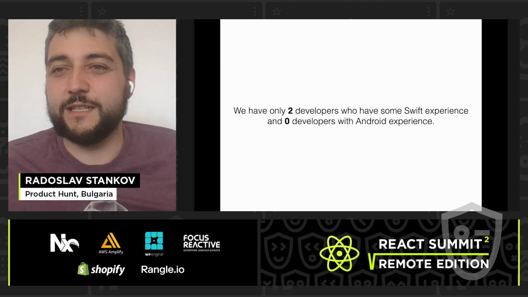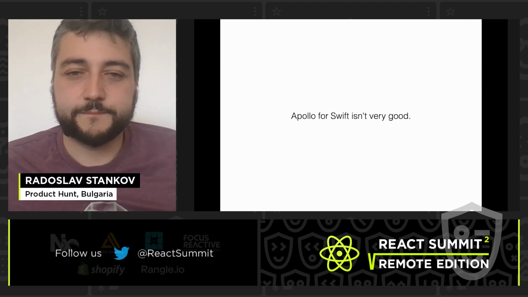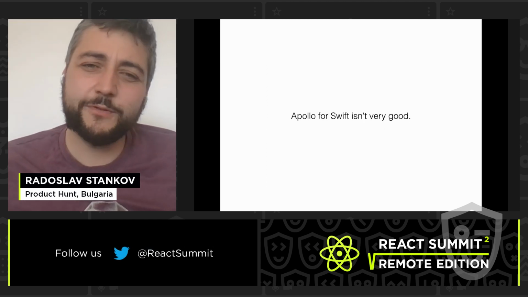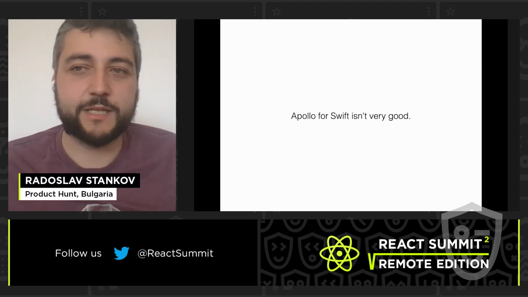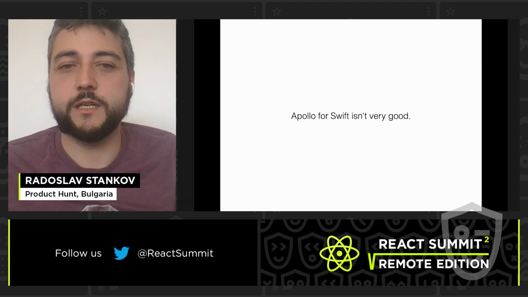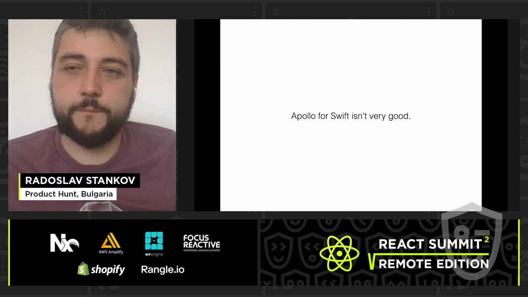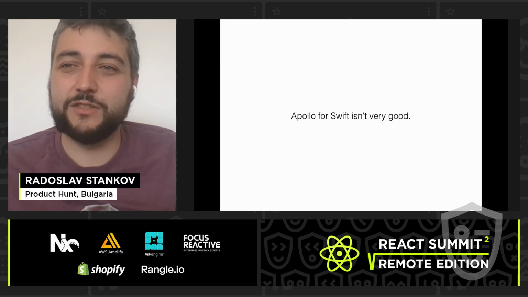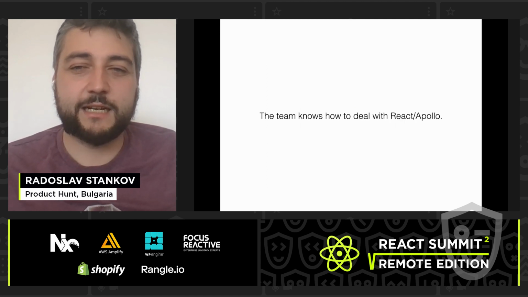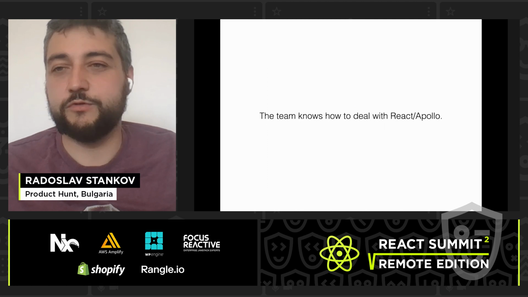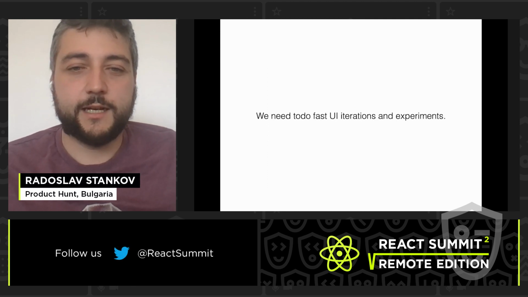And our app, we needed to run it on Android as well. Also, we use GraphQL for our data transferring, and the best way to use it is Apollo, in my opinion. Apollo for Swift is not as good as Apollo for JavaScript. And our team already knew how to deal with React and Apollo.